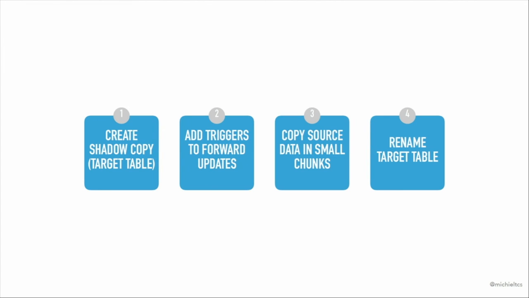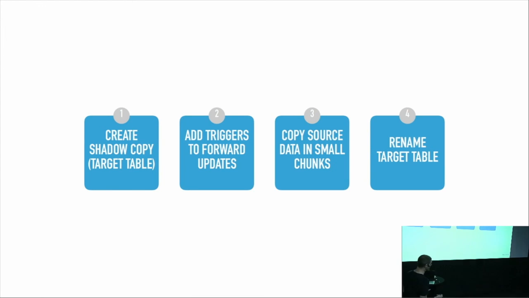And then at the end, atomically, the table will be renamed, and the app that is looking at the source table does not know that this rename has happened because it's transactional. So at one moment it's looking at the source table, the next moment it's looking at the target table with, for example, a column removed. That can work quite well.